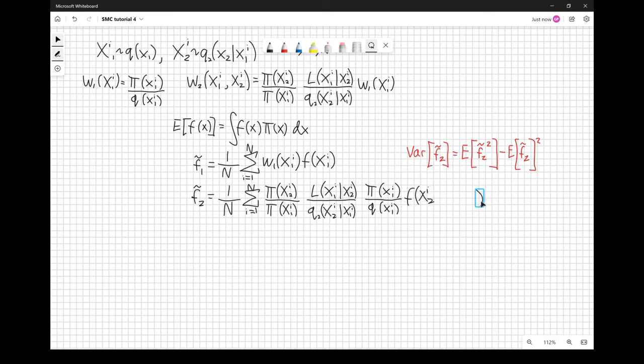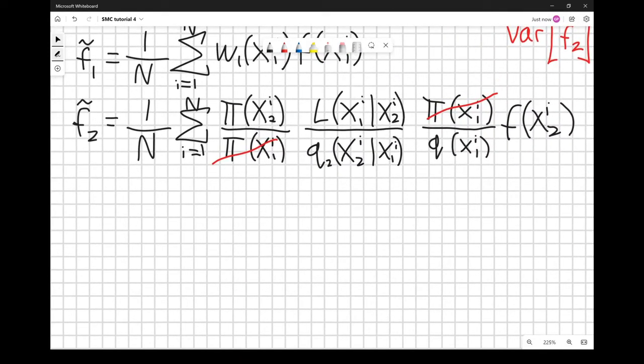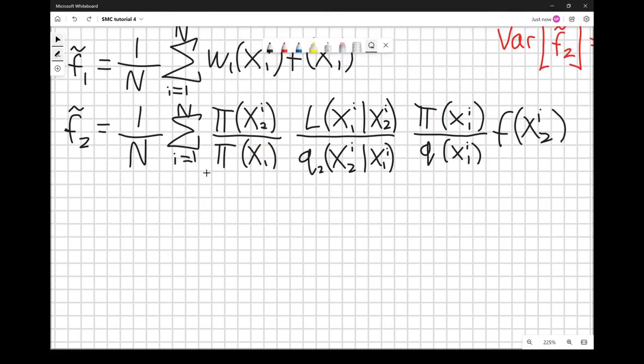Okay. So now straight away we can see that we have some terms that will cancel, i.e. these two. So then finally, zooming in down here, we can remove this and this because they cancel.